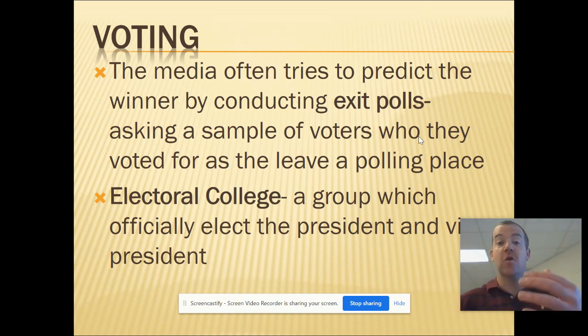She won the overall vote count, but it goes to the Electoral College. Each state is assigned a certain number of votes. As it played out, and this has happened before in 2000 as well, which y'all probably weren't alive then, but guess what? I was. The person who wins the majority of the votes does not always win the election. It goes to the Electoral College.